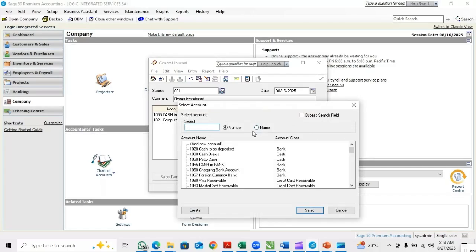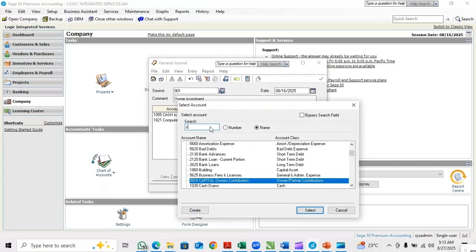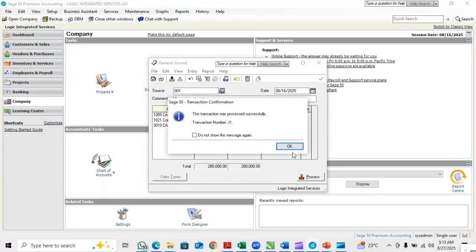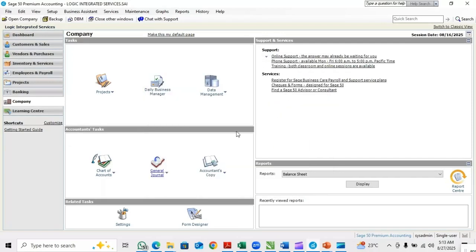Then the capital account, capital owner's contribution, is now added as 280,000. So we post this transaction. So this transaction has been posted.